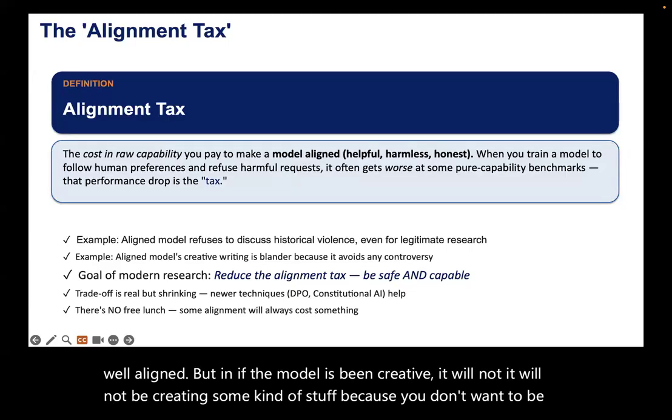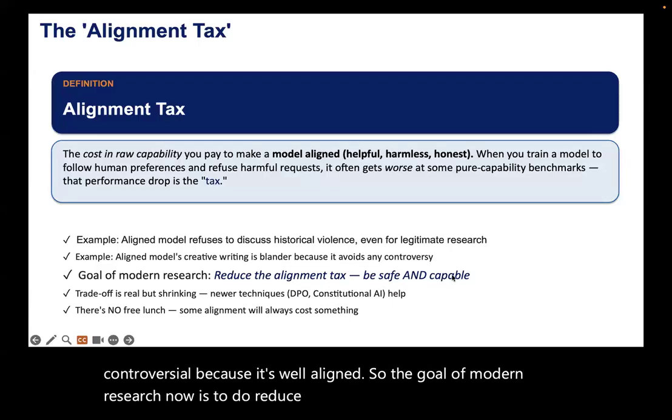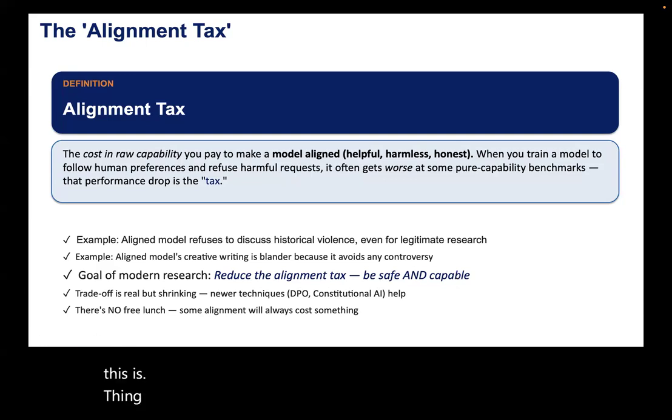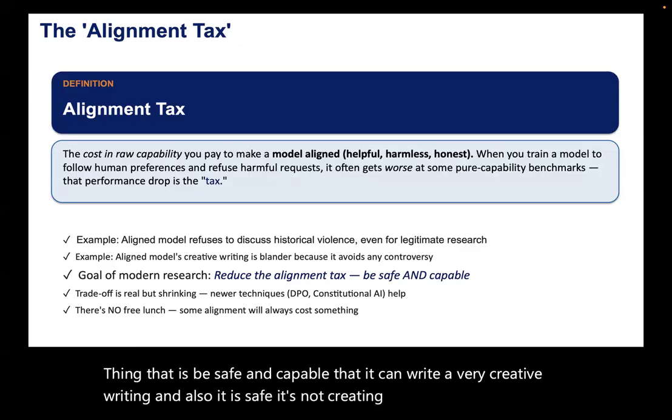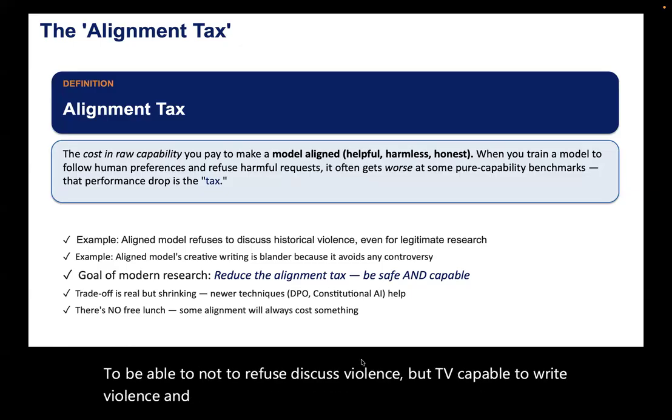So the goal of model research now is to reduce alignment tax, to be safe and capable. That it can write very creative writing and also be safe. It should not refuse to discuss violence, but be capable of writing about violence and be safe, not hallucinating.